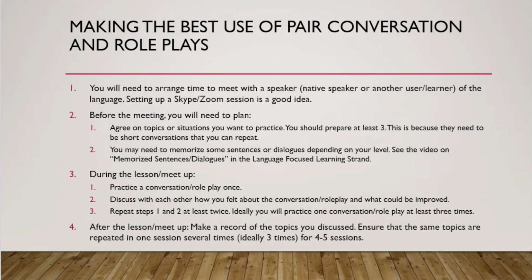Now, if you're not sure about how to structure or plan a role play or pair conversation in your language learning program, these steps will give you an idea of how to best start that, how to do that the first time. So step one, you need to have a partner, really.